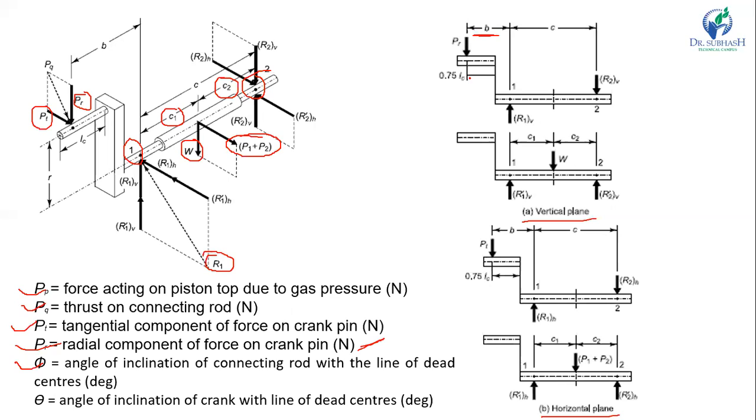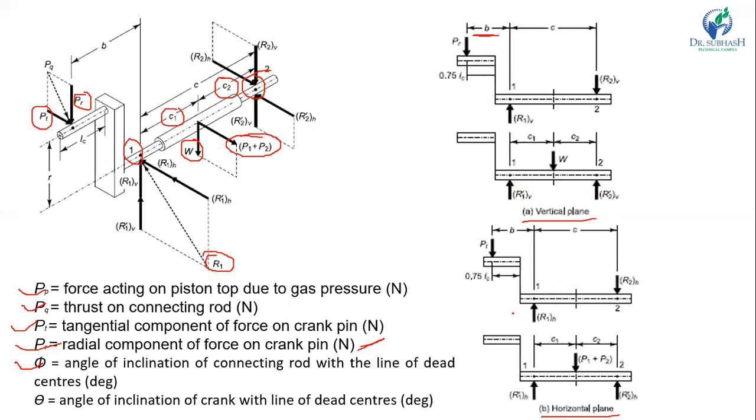And here you can see it is 0.75 LC. The load is acting from here. Now here you can see the load R1 dash V and R2 dash V and load W, and the distances are C1 and C2.